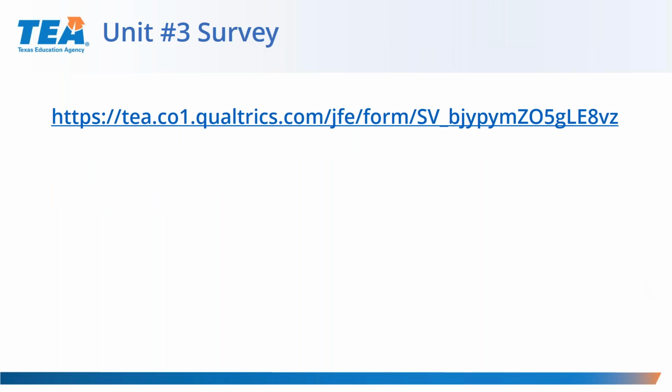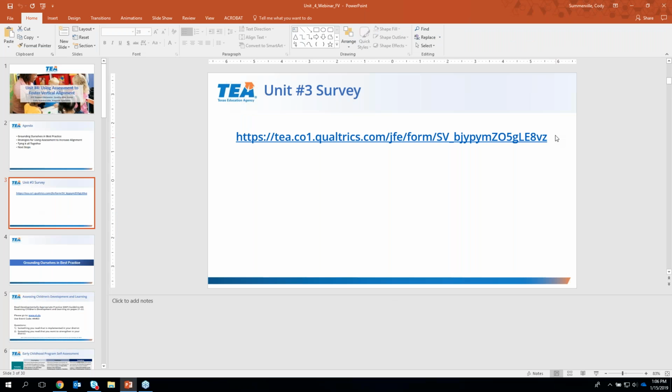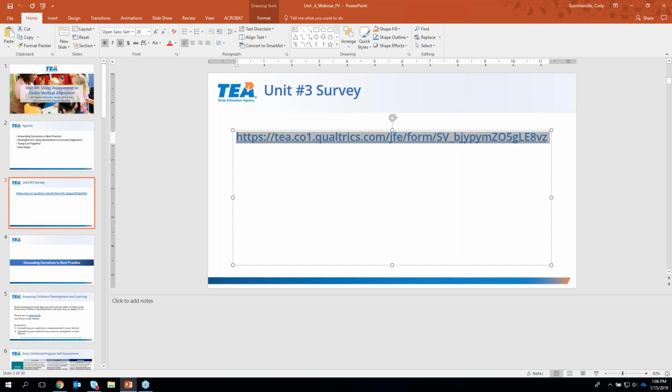Before we get into Unit 4, we want to wrap up Unit 3 with the Unit 3 survey. I'm going to paste the link in the chat box for you.